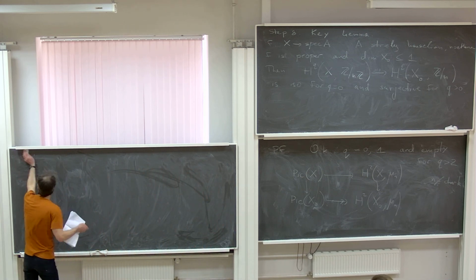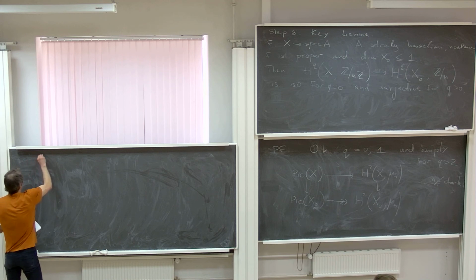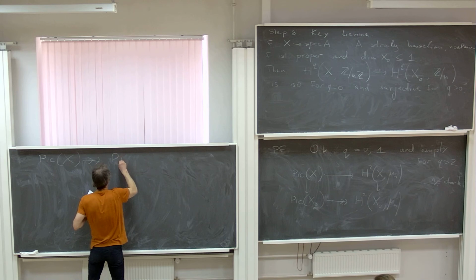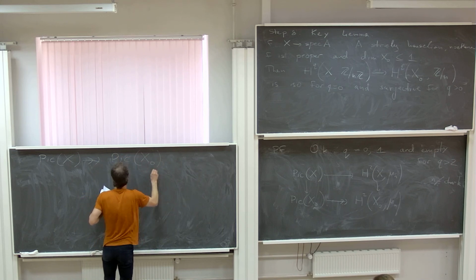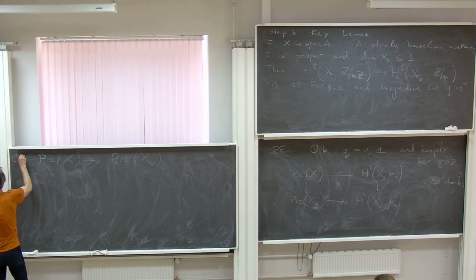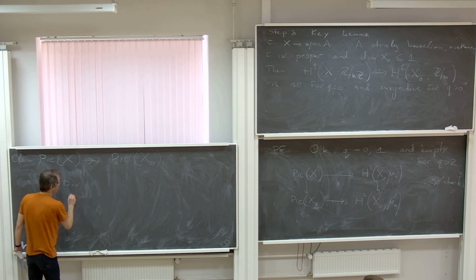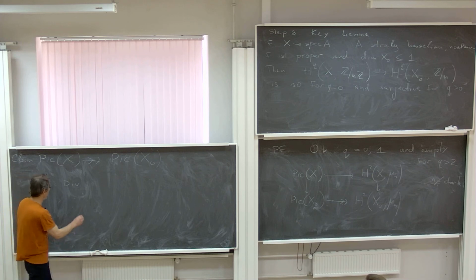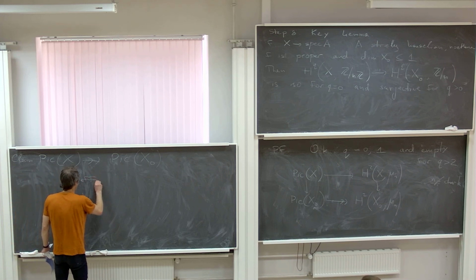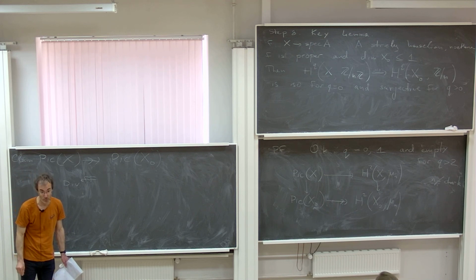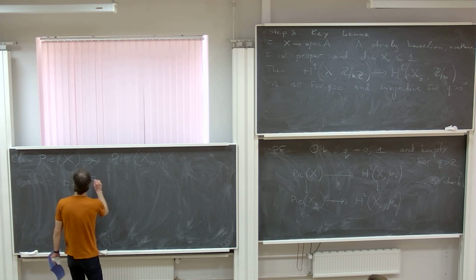So the claim is that Pic X to Pic X0 is surjective. What we proved is that we look at effective Cartier divisors. What is an effective Cartier divisor? It's a subsheaf of the structure sheaf which is locally free of rank 1 by definition.